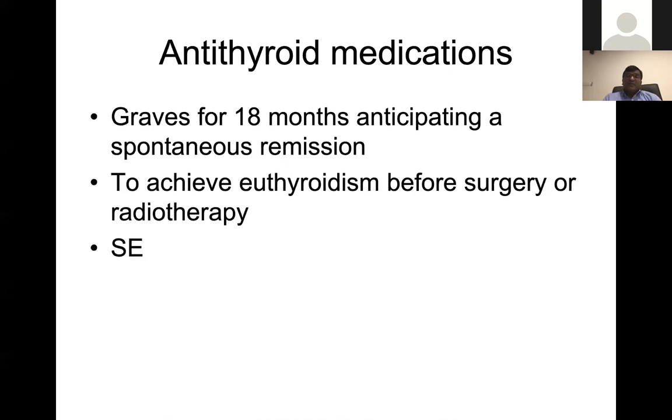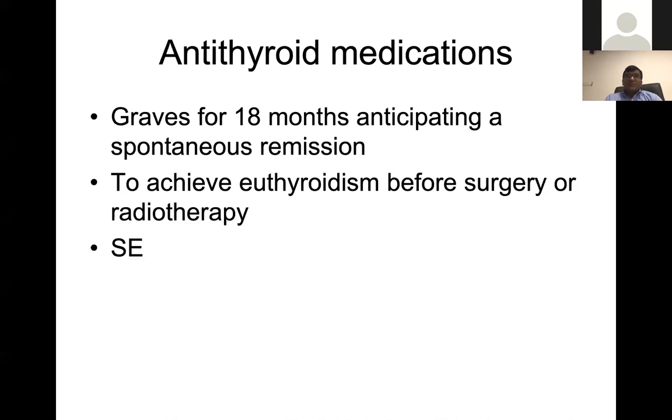All these usually have common side effects, and usually in thyrotoxicosis we start with a higher dose. Unlike in hypothyroidism, particularly in older people, where we start thyroxine with a lower dose and go up, in hyperthyroidism it's the other way. You start with a high dose and then go down.